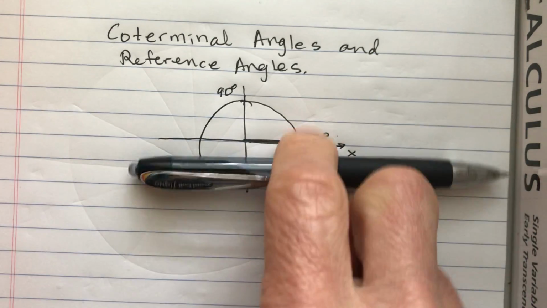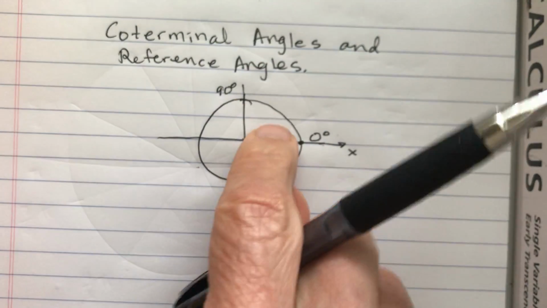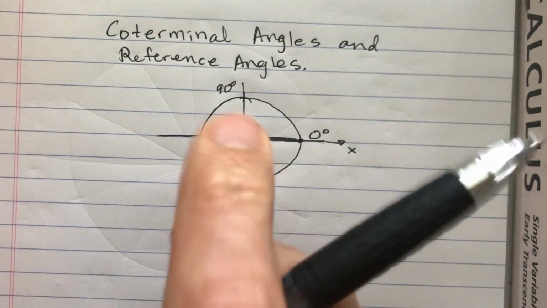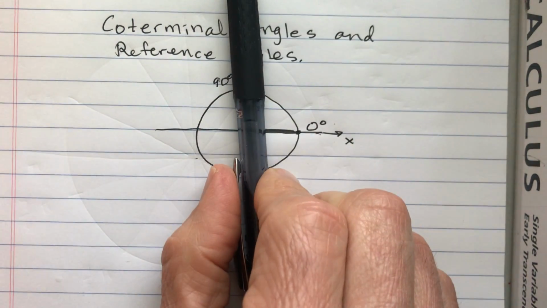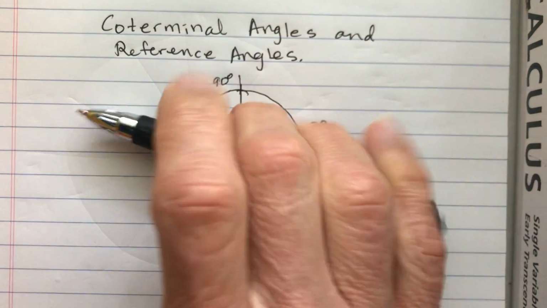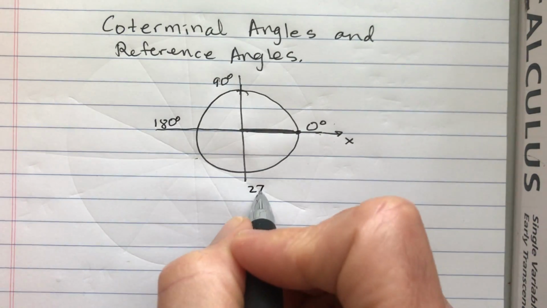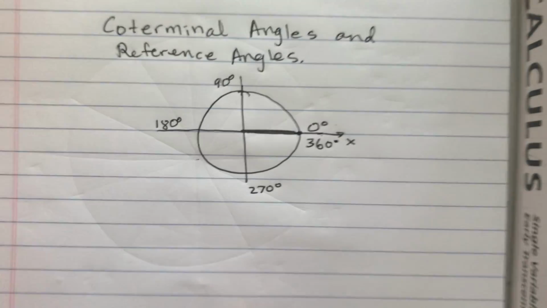So one side of the angle is on the x-axis, and we rotate the other side counterclockwise. So you start with your angle here and you get up to 90 degrees, and you keep going and you get 180 degrees, 270 degrees, and you get around to 360 degrees.